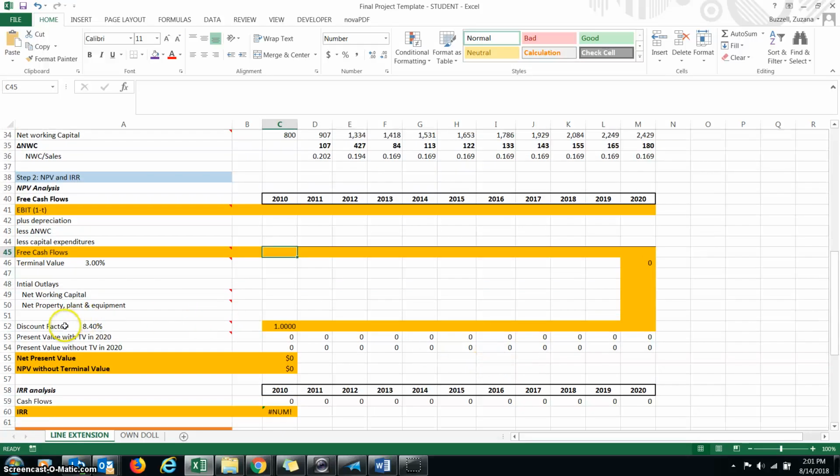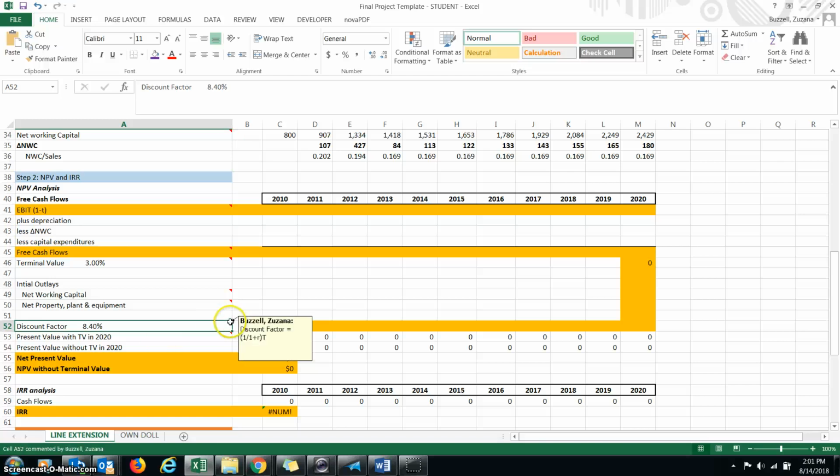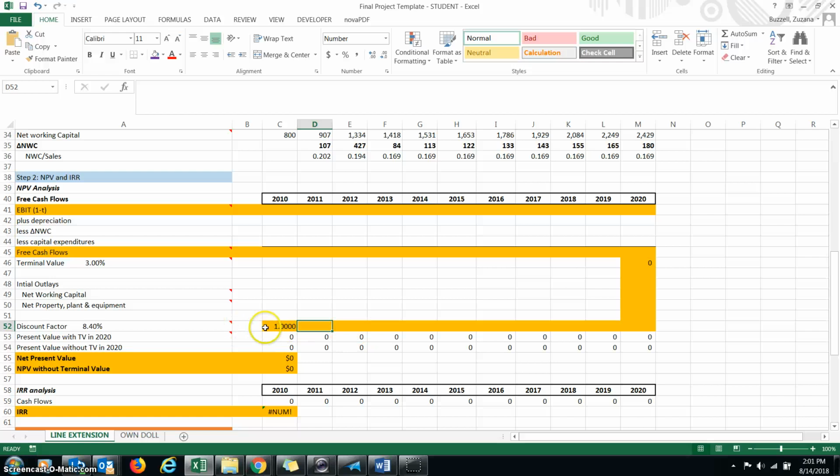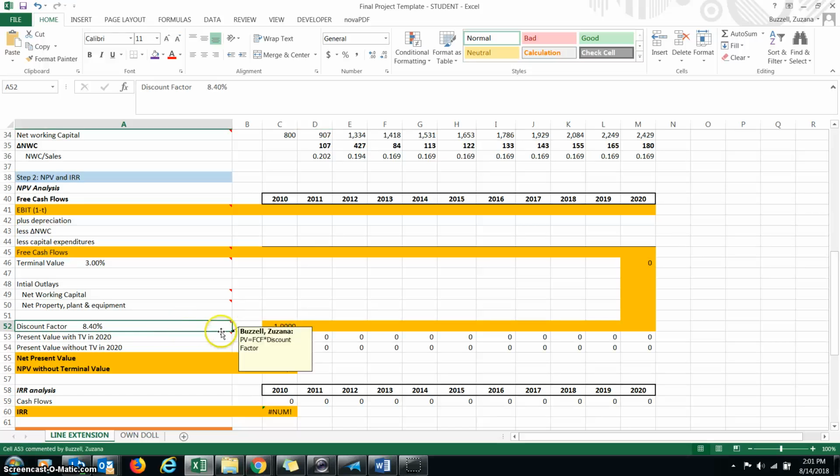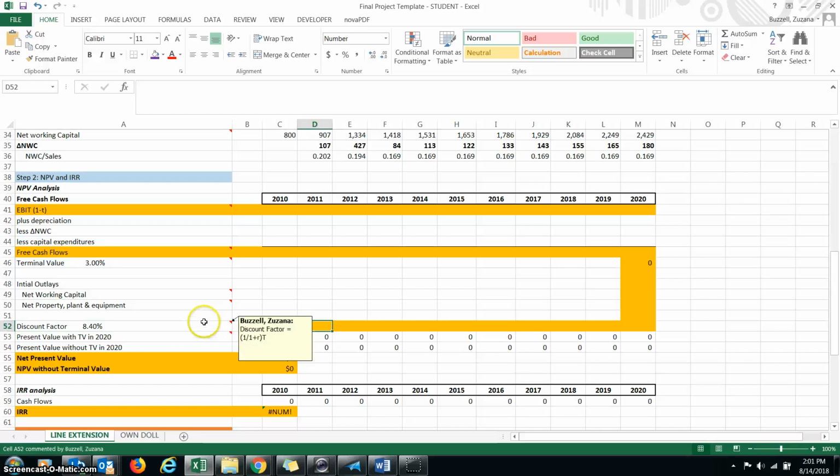Now, the discount factor, that's where I saw a lot of the issues too. I provided the formula here in the notes, but this is actually on a power. So first, you need to take the 8.4, you need to calculate it, and that's the discount. Pretty much you're discounting your cash flows, because as you move forward in years, the value of the money is losing its power.